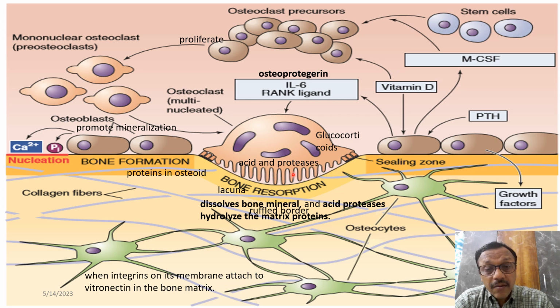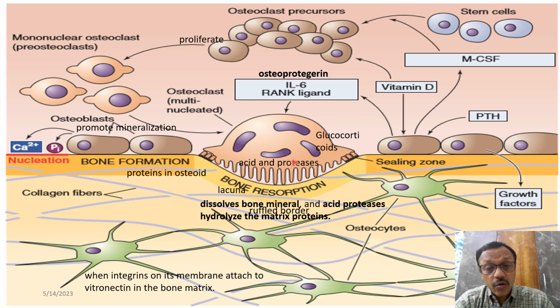Okay, now what is happening: this cell is going to produce a large amount of HCl acid, and along with HCl acid another form of acid is being formed, and this acid along with certain enzymes is going to reabsorb the bone.